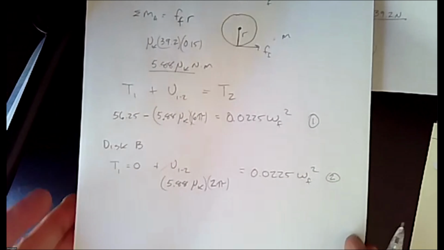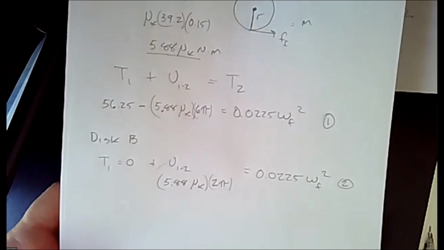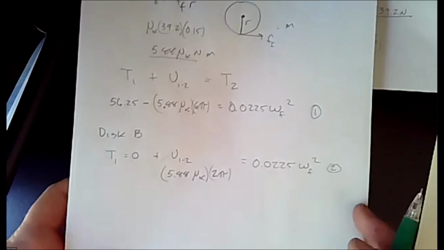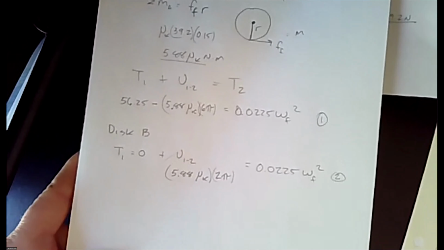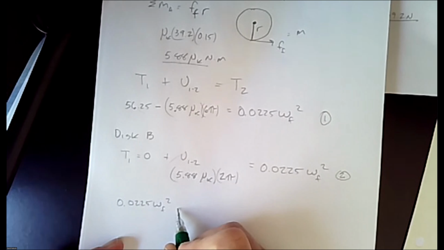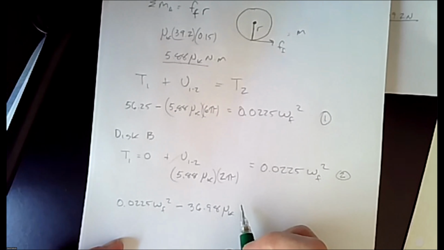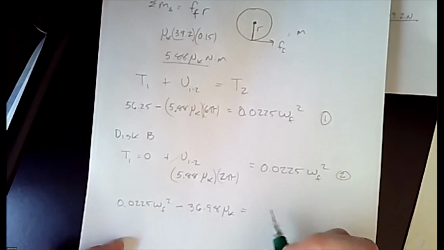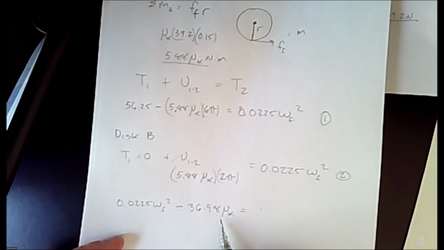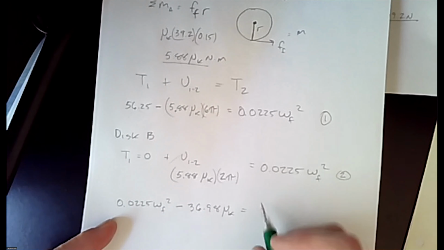All right. So you have 2 equations, 2 unknowns. If we rewrite them, we have 0.0225 omega final squared minus 36.98 mu k equals 0. Yeah, equals 0.